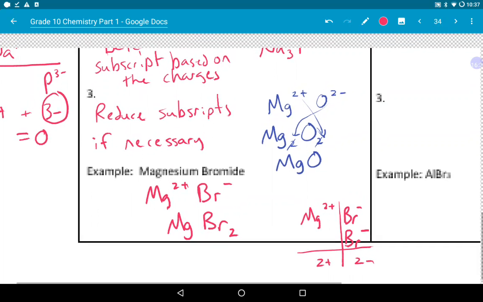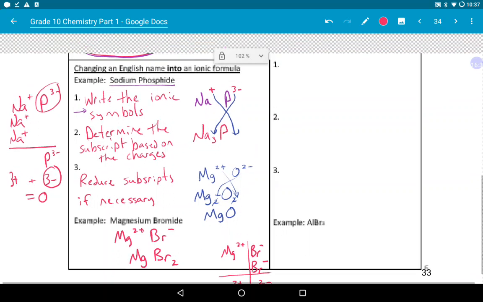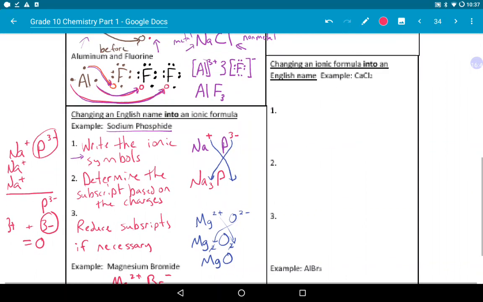Okay, so now what we're going to do is write the name given the formula. And what we do is we write the metal first.